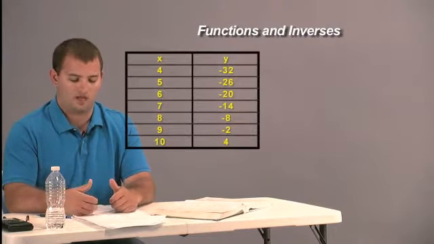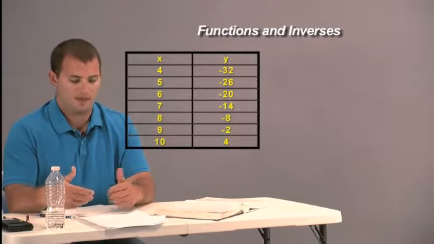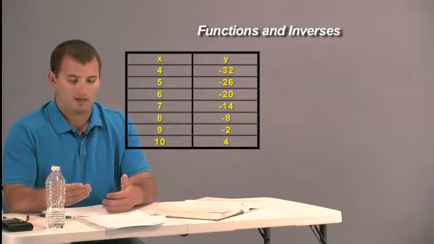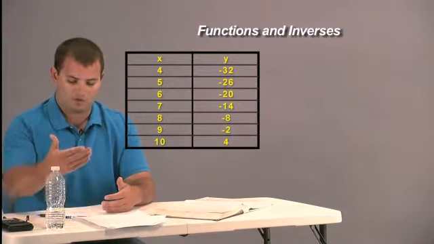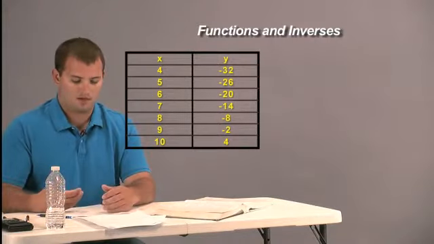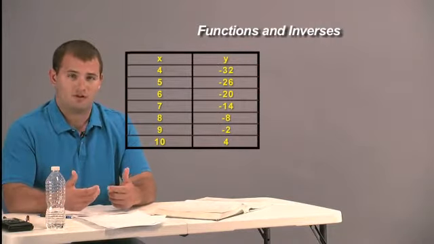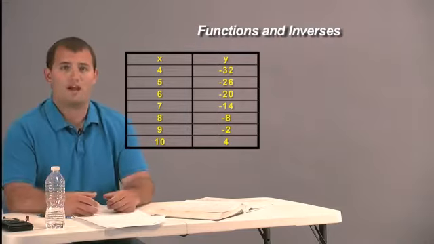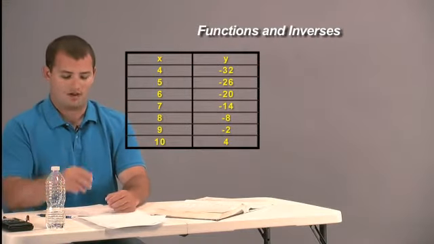Here's an example using tables. Given the following table, determine as many coordinate points of the inverse as you can. Here's the table. We have x from 4 to 10, and we're given the corresponding y values. Okay? To find the inverse function, to find the inverse table, all we have to do is flip the x and y values.